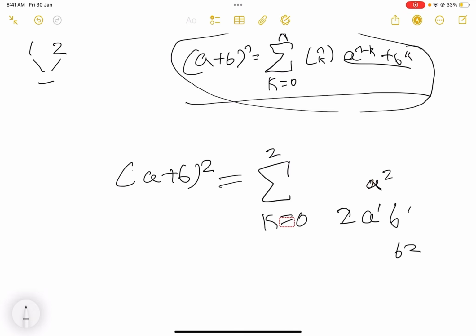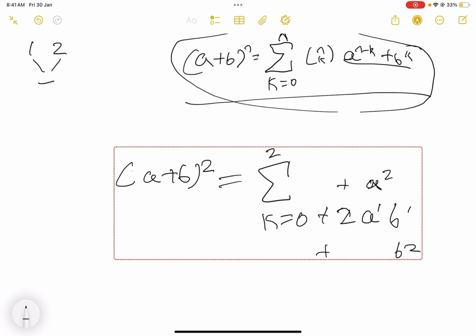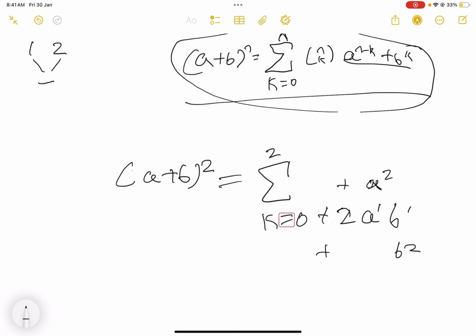So we add all this up, and what do we get? (a + b) squared is equal to a squared plus 2ab plus b squared. That's how this function basically works.